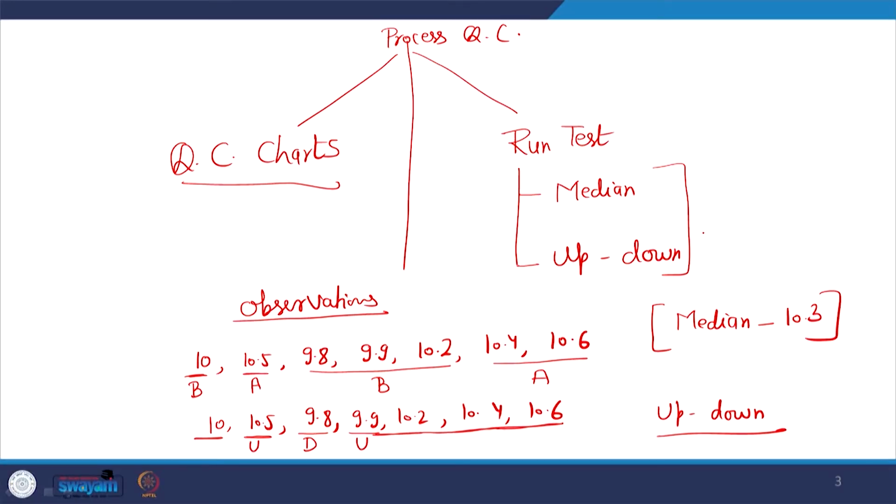So, data has to strictly come within the limits for both tests, that is a very important thing. So, both the median and the up and down test we normally do simultaneously. Now, this is about the calculation of the number of runs for the median test or the up and down test.